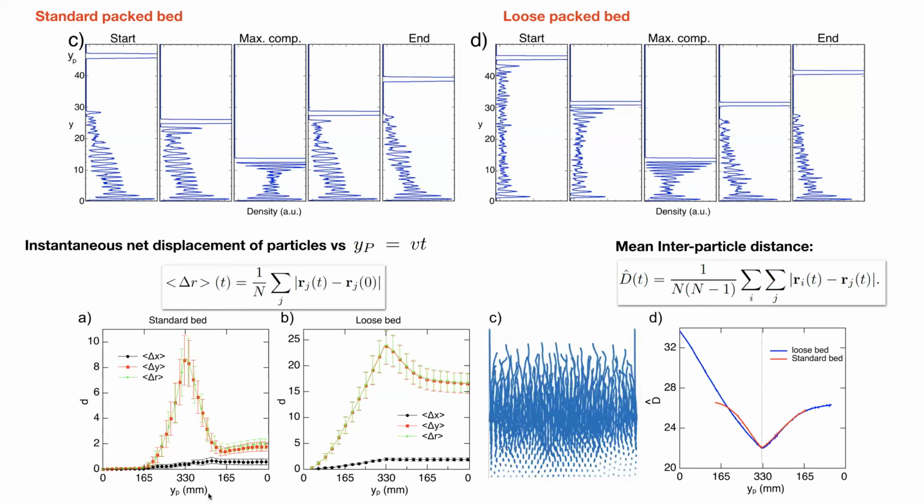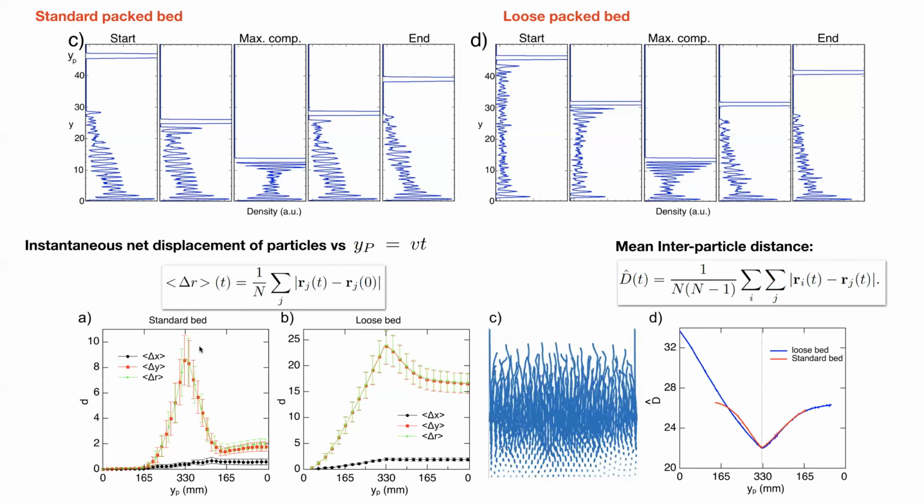To characterize the hysteresis in the system, we measure the instantaneous net displacement of particles. That is basically the difference between the position of the particles at a given time minus the initial position of the particle.